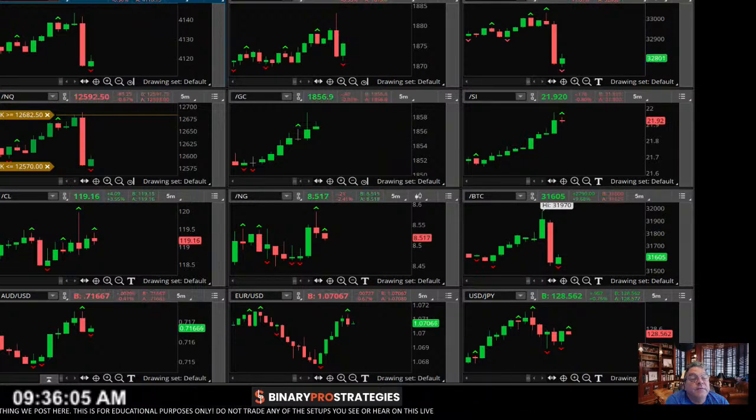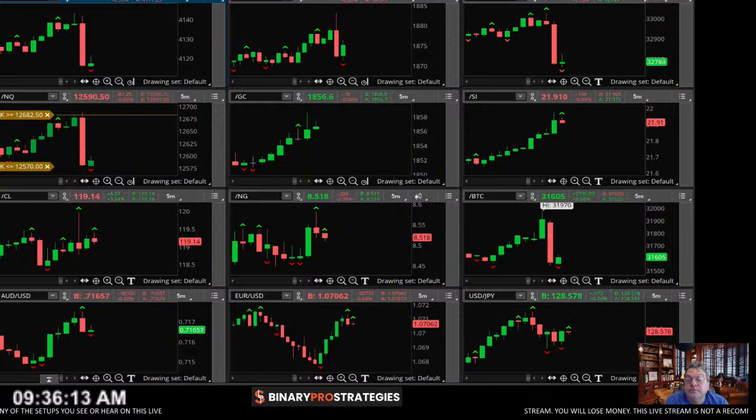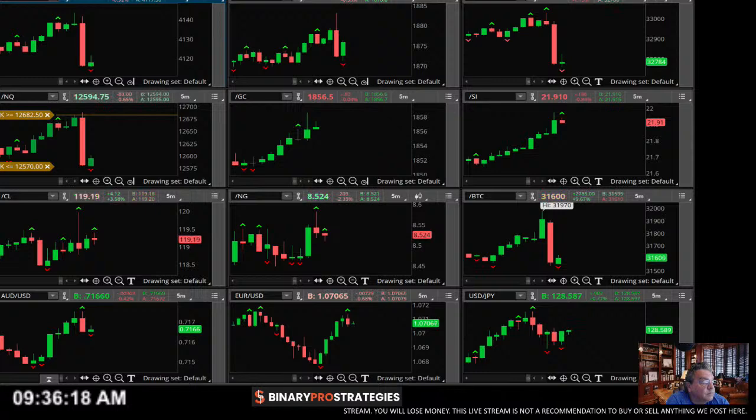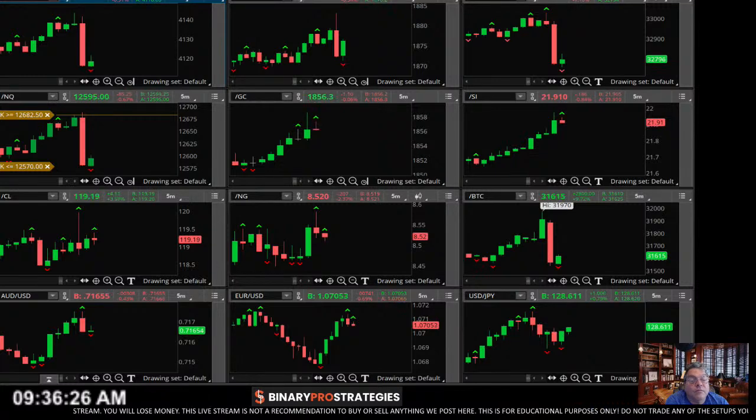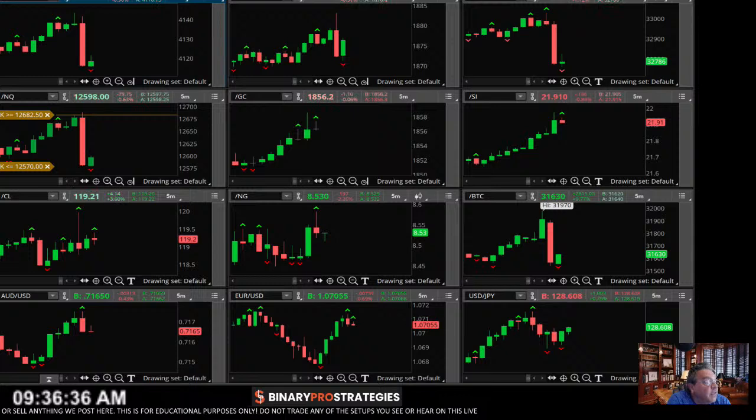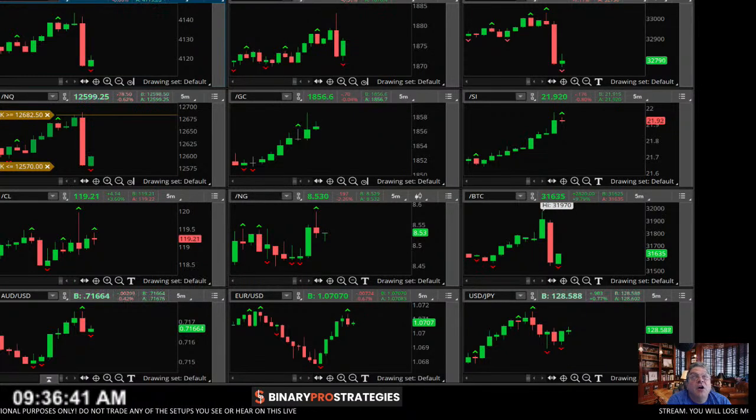Premium looks good. Waiting for Aussie to pull back down a little bit to that 71.63. That would be the entry on the Aussie US.